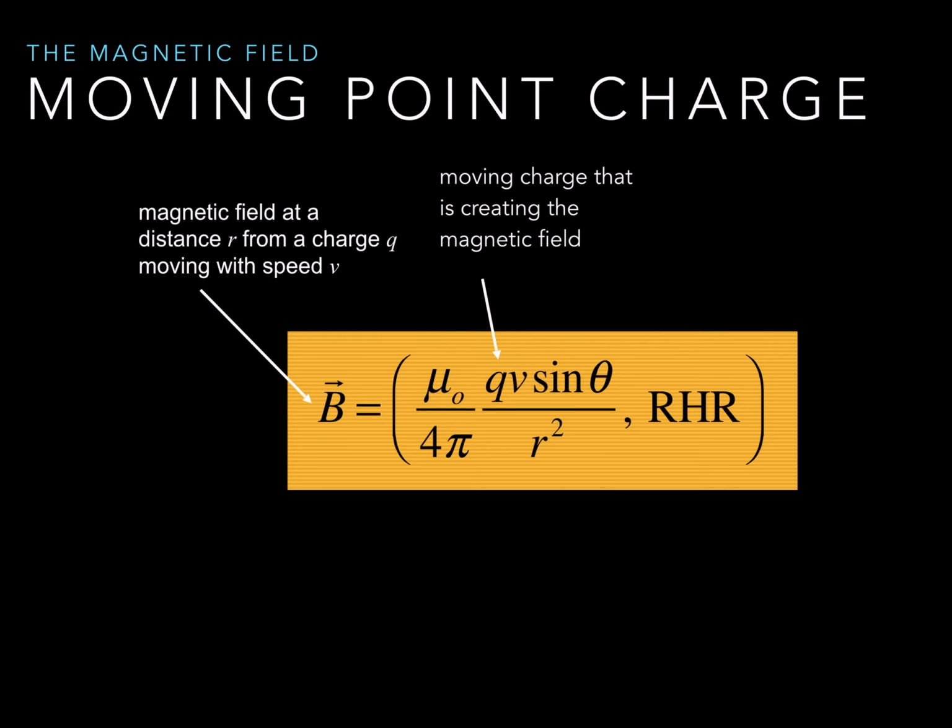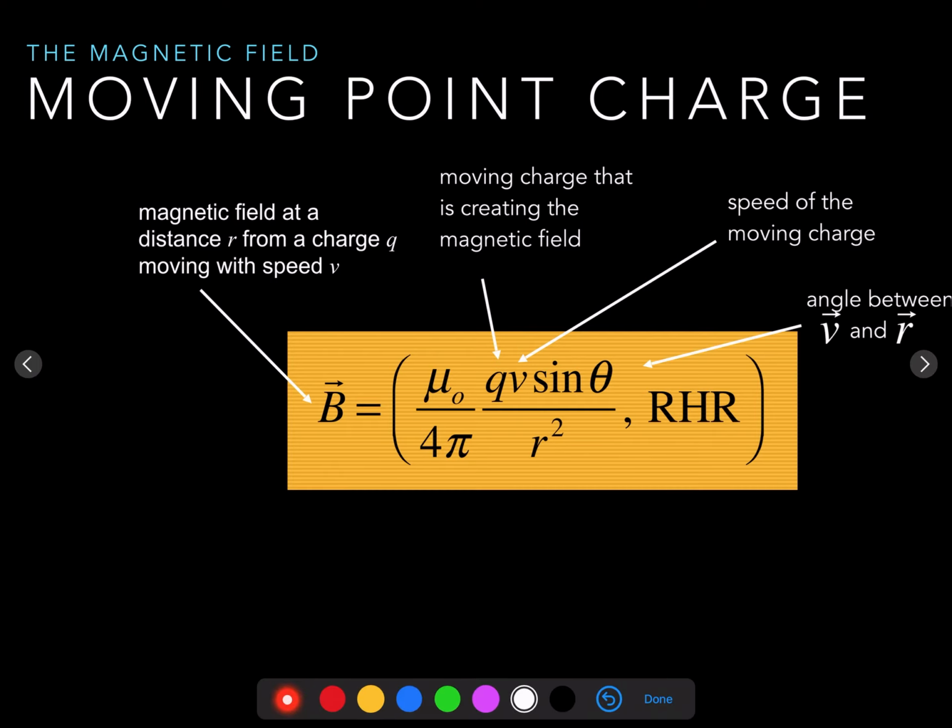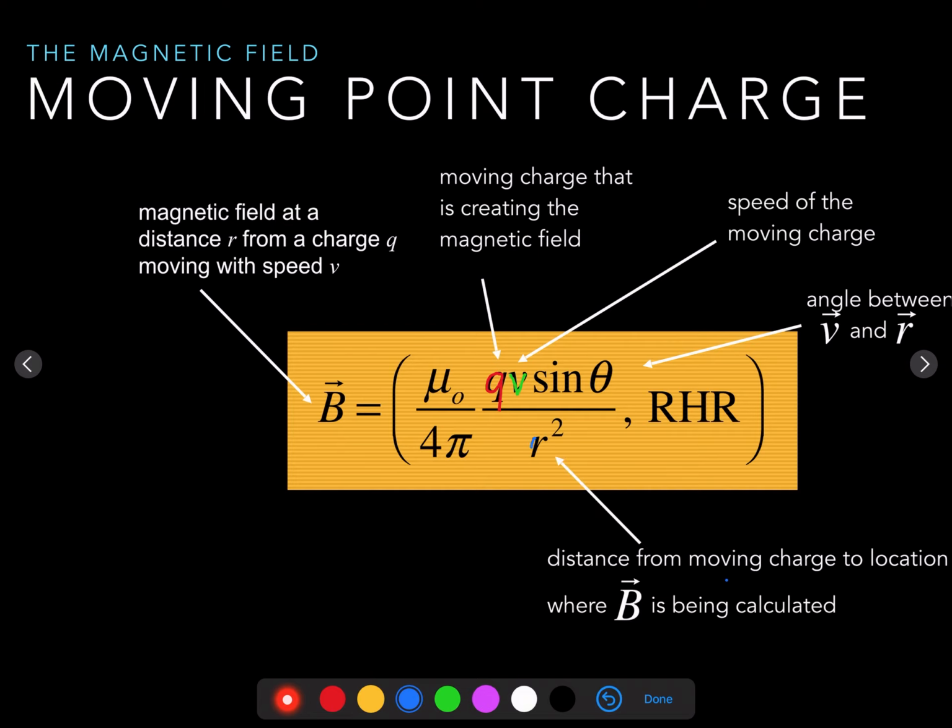Here is your velocity, v, or in this case speed, because it's not treated as a vector in this format. This, theta, is the angle between vector v and vector r, so the angle in the previous slide. This is the distance r, from the charge to where we care about the field, and it's squared. Remember we said this would probably be inverse squared.